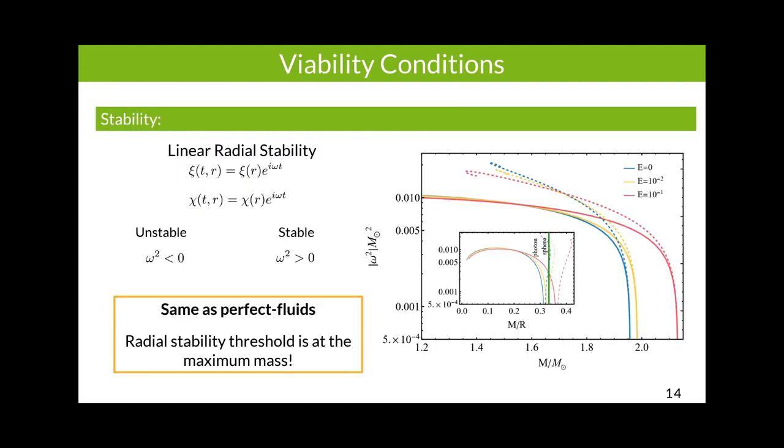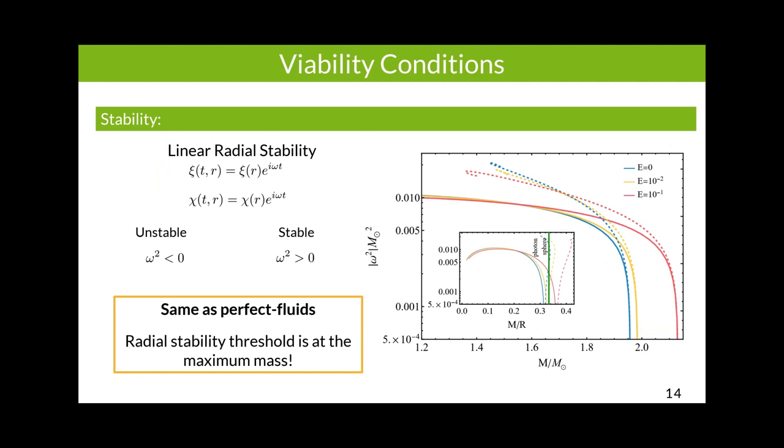Okay, another question is regarding stability. Here we have only looked at radial stability. There are other types of stability that you can study, but here we focus on the radial. The idea is always the same. You do a linear radial stability analysis where you apply a small perturbation with some frequency.